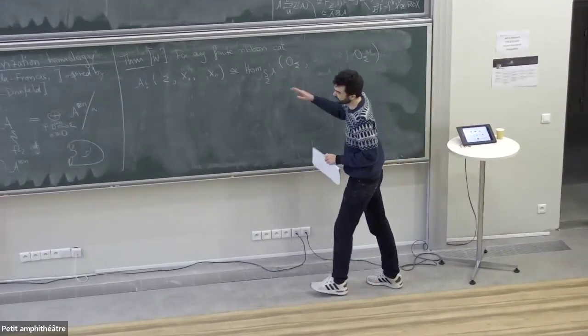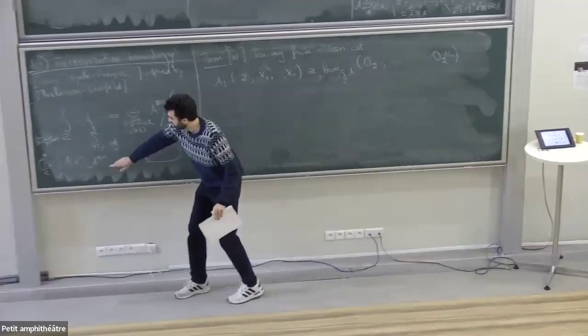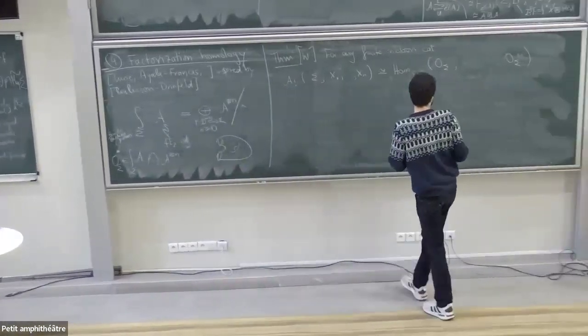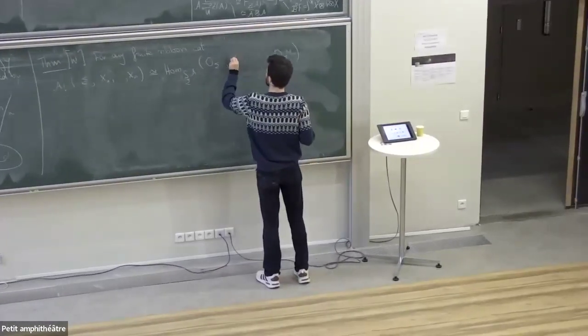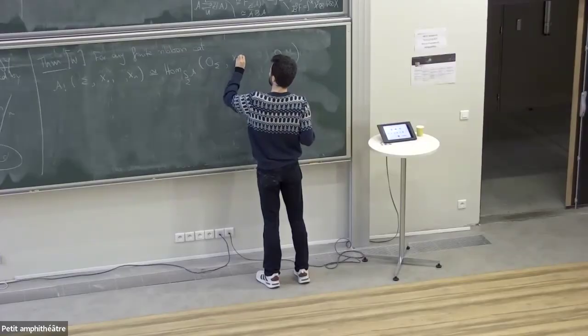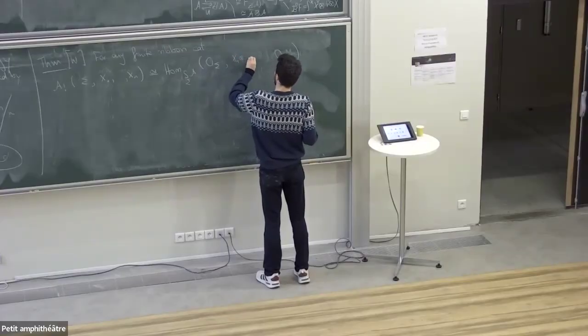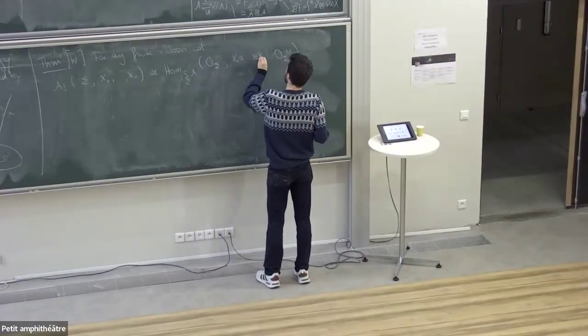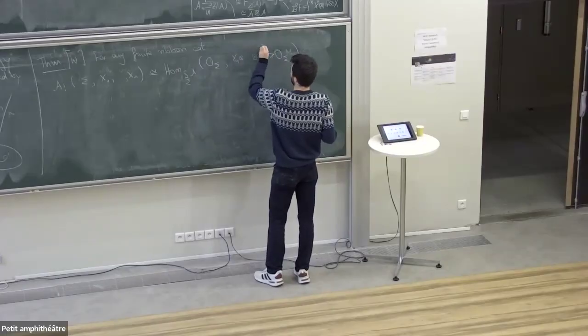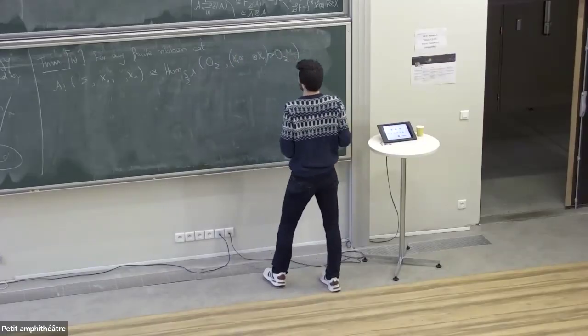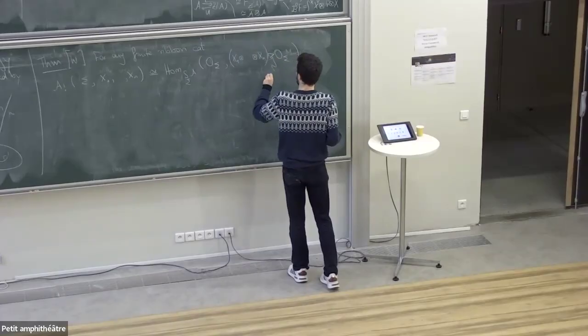But I told you that it's a module category over A^n, so we can take all of these and have them act on this O. So this symbol here is for the action.